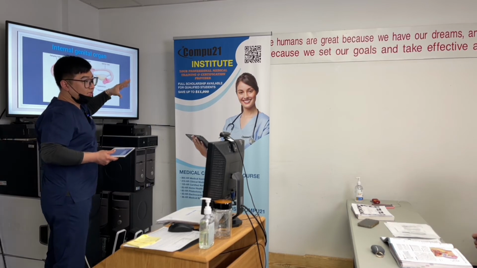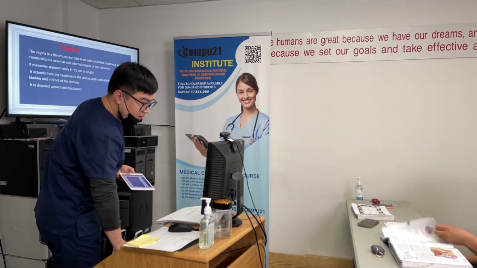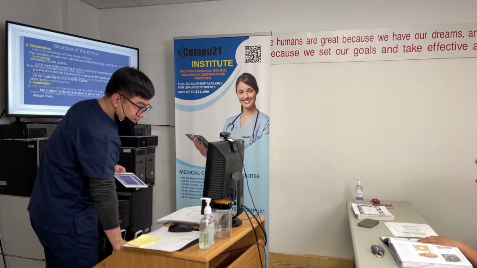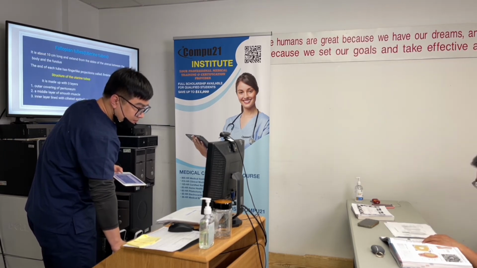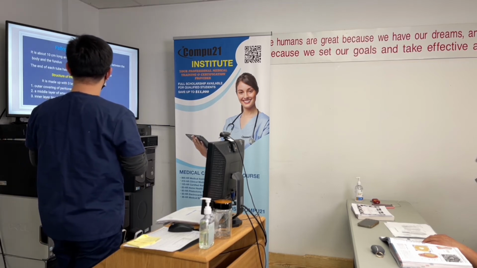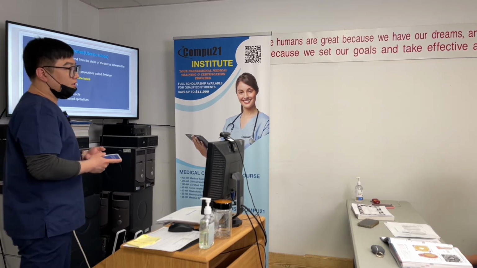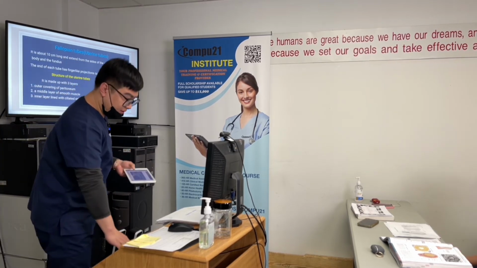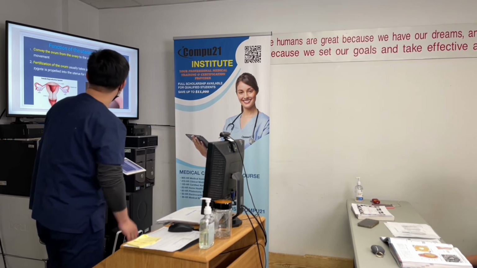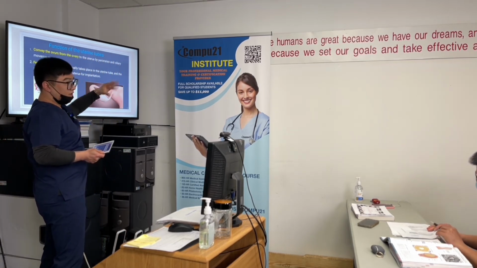The finger-like part we also call the fimbriae. The uterine tube also has three layers: the outer layer, the middle layer, and the inner layer. You can see that picture very clearly, like our fingers.